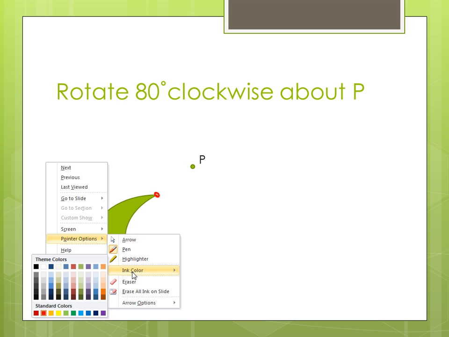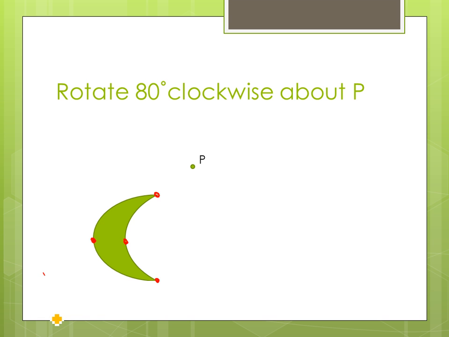Let's change our ink color again. Go back to this. Call this A, B, C, D, so I don't get lost. I just put some points on there so I've got reference spots to go to. Go from there to there. And we want to go 80 degrees clockwise this time, so this time we're turning around that way.